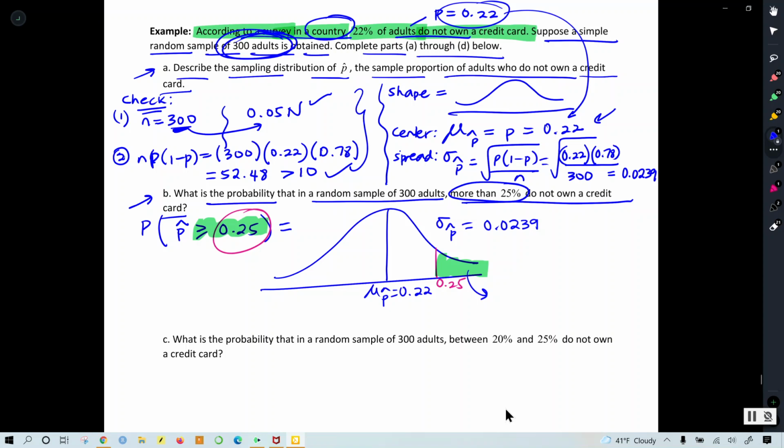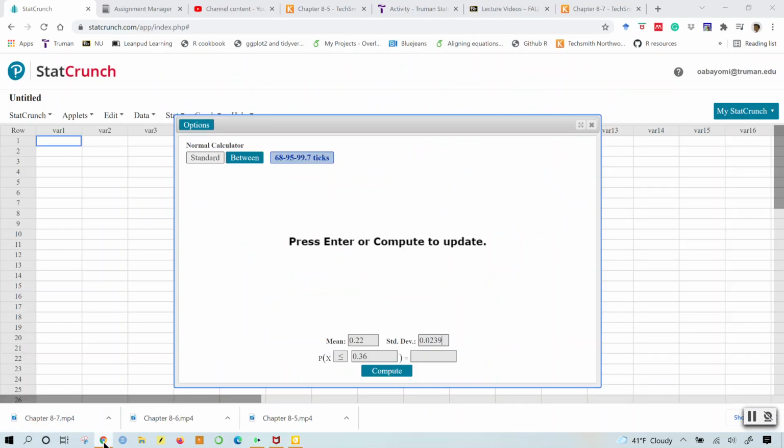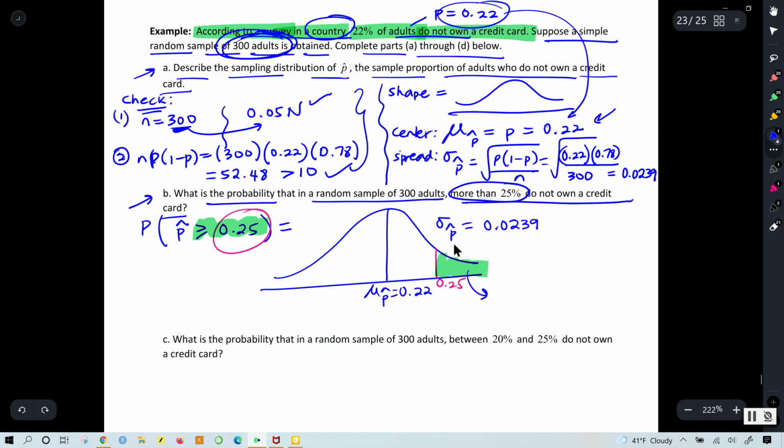So we continue from the previous video. We have found the mean, which is 0.22, and the standard error, which is 0.0239. So I'm going to take that to StatCrunch. In StatCrunch, I have the mean 0.22 and the standard deviation 0.0239 based on the values we have earlier.